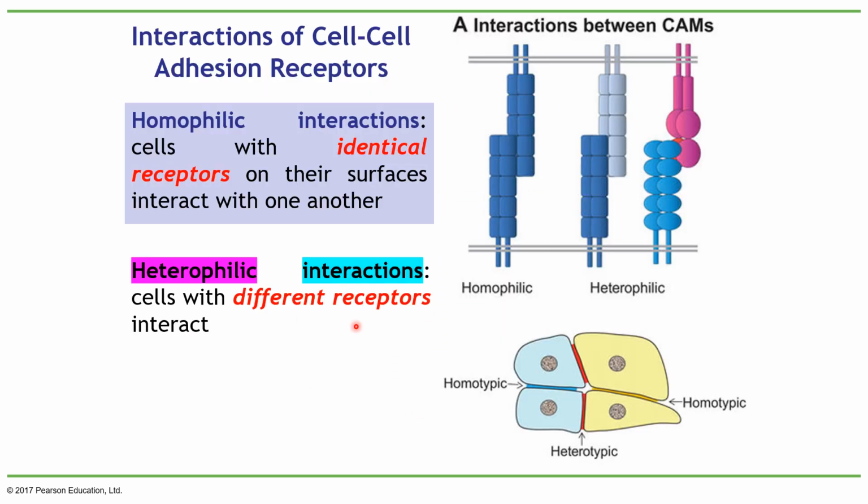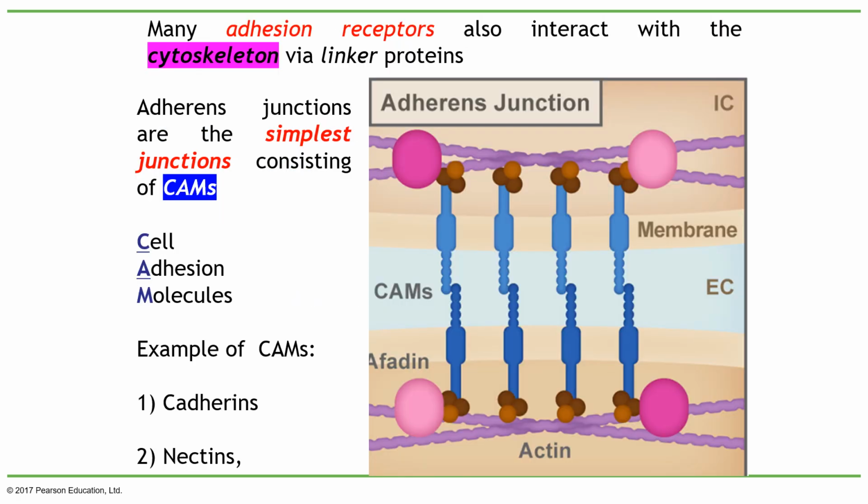Of course, this is more complicated. So you have homophilic cell adhesion molecules, where both are similar. Some of them could be heterophilic, where the molecules are different, and depending on which proteins you have, you will have different types of cell adhesion. This is important to understand development, and it is also important to understand cancer. You will hear this word CAMs, which are cell adhesion molecules like cadherins and actin.